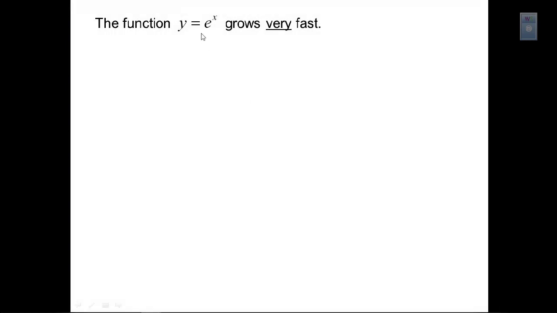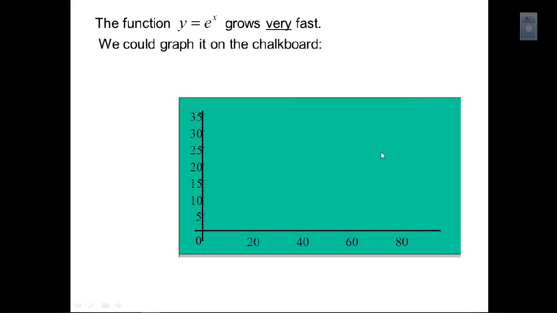Now, the function y equals e to the x grows very fast. We know it from its graph. If we could graph it on a chalkboard, we end up with one that looks like this. So if x is 3 inches, y is about 20 inches.